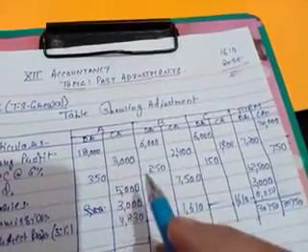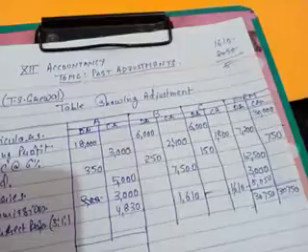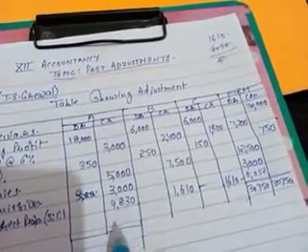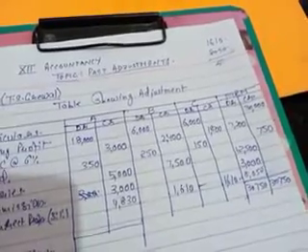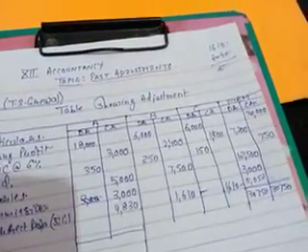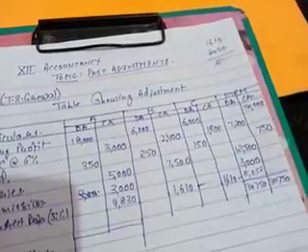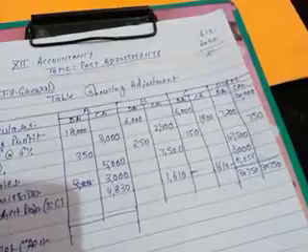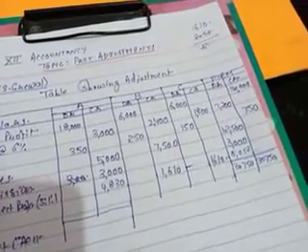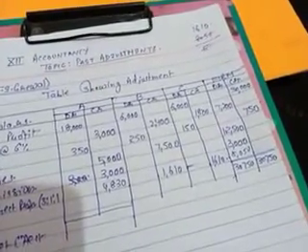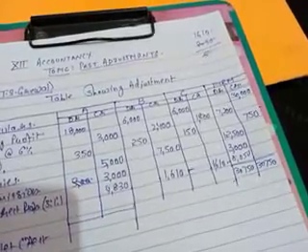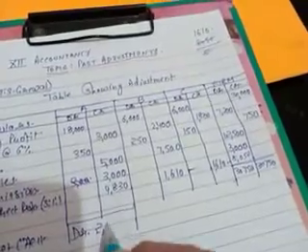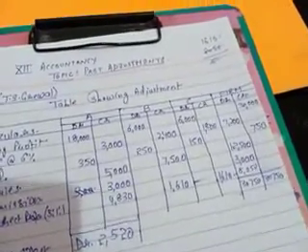In case of A, the credit is 8,000, 11,000, 15,830 and the debit is 18,350. So the net effect is debit is more, by 2,520. So the net effect here is debit 2,520.